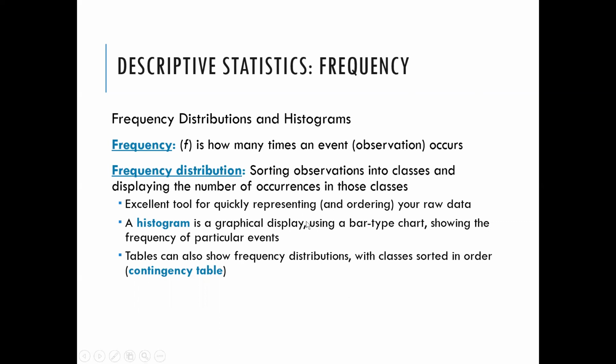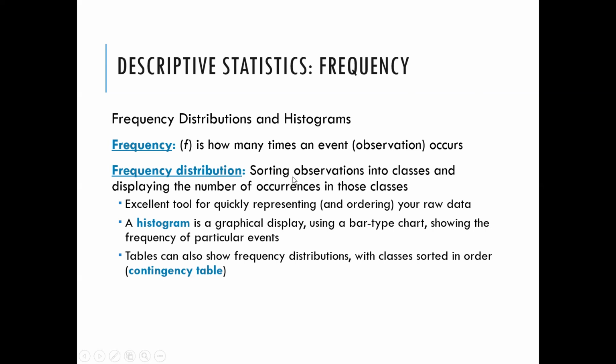One way that we can depict our data is through frequency distributions and histograms. A frequency is really just how many times an event or observation occurs. A distribution is just sorting those observations into classes or categories and then displaying the number of occurrences within those classes.